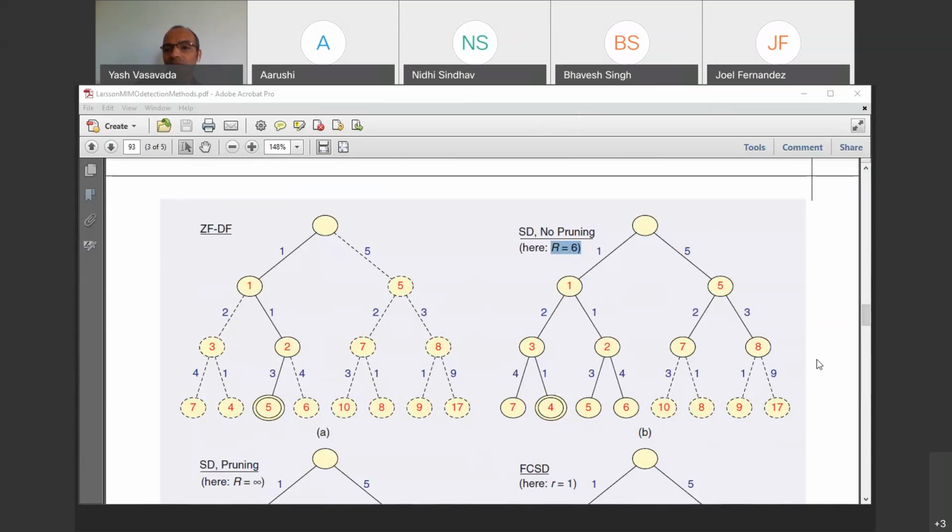In the next level also it will go for the minimum version, right? It's already on 4. No, I'm saying that if there was one more level, then this sphere decoding with r equal to 6, what will it do?